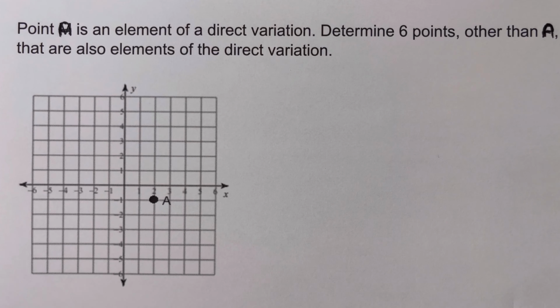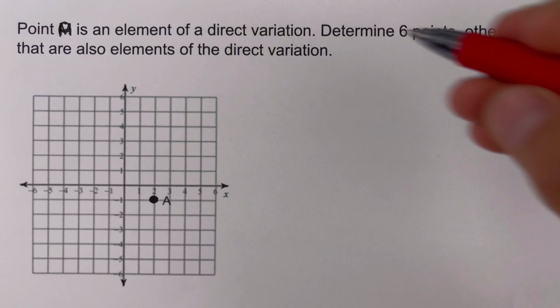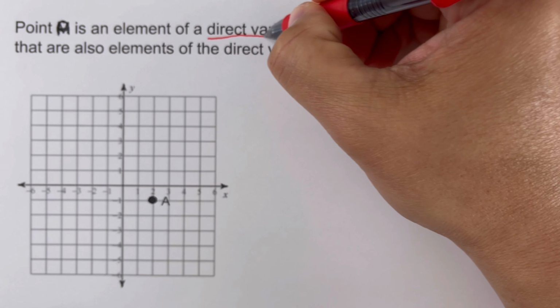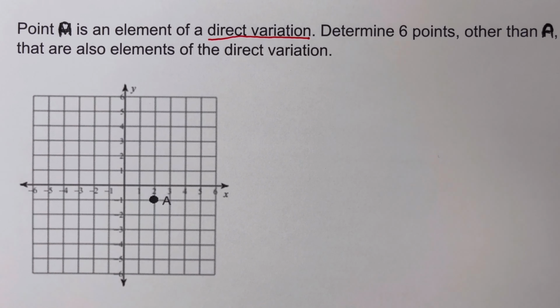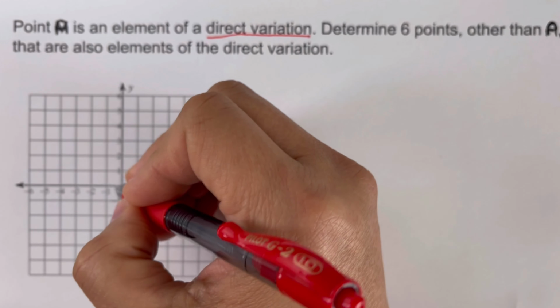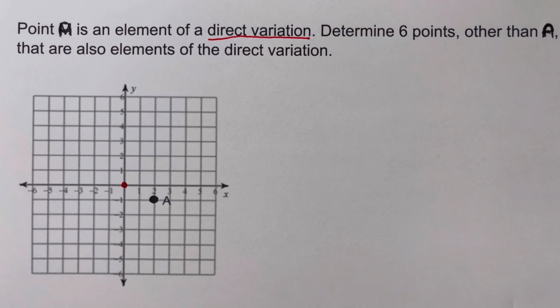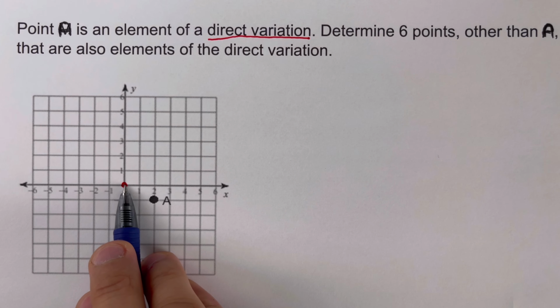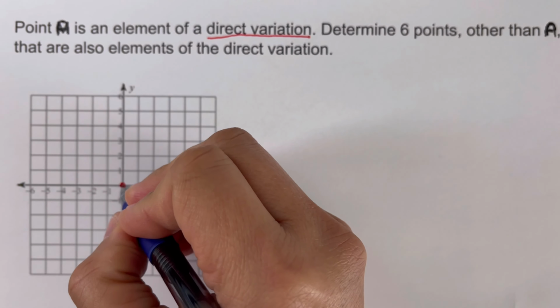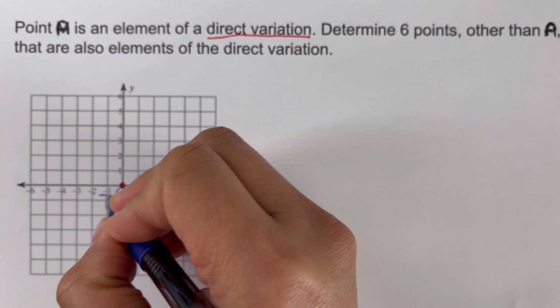In this example, point A is an element of a direct variation. Again, we remember if we say direct variation, we are supposed to include the (0, 0) at the point of origin as one of the elements. And then from here, we can determine the slope. From the point of origin, we go down 1, so this is a negative 1.